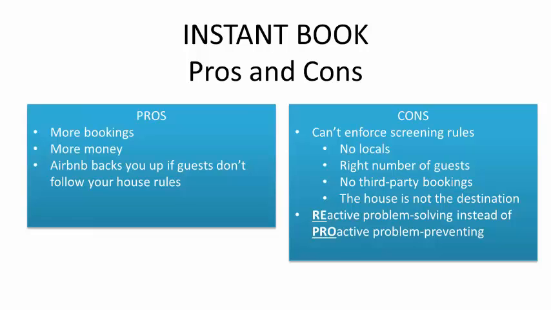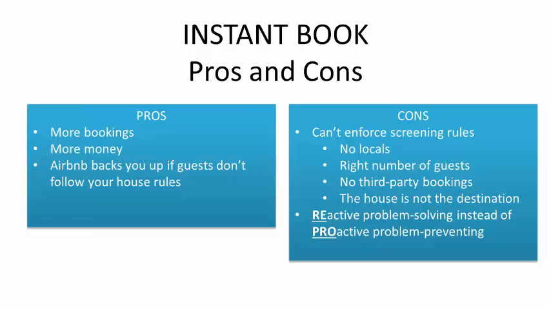And some of my students can testify. I don't know if you guys are on the call right now, but we've had a few folks who had the Instant Book situation where the guests booked it and did not follow their house rules. And so the host, being in the right, cancels the booking and kicks the people out. But then Airbnb dinged them and held them responsible as a bad host who canceled the reservation.